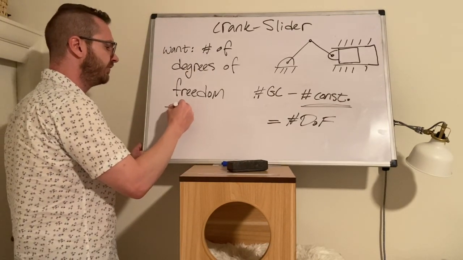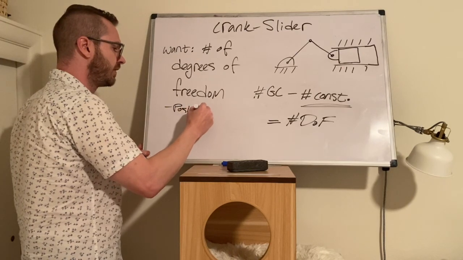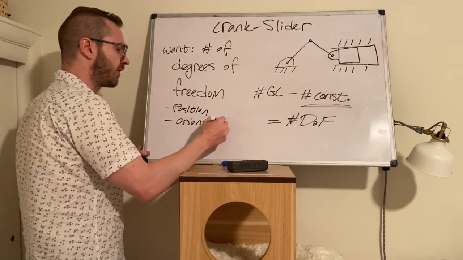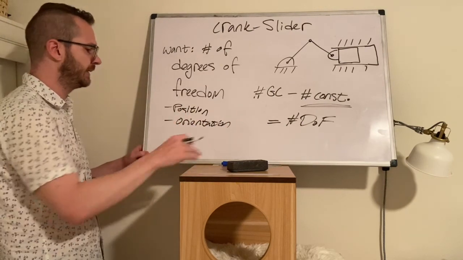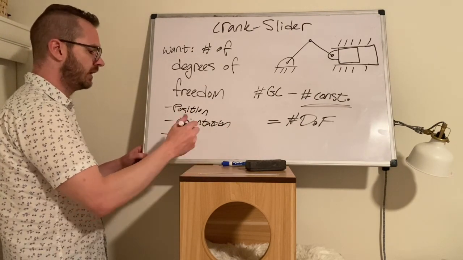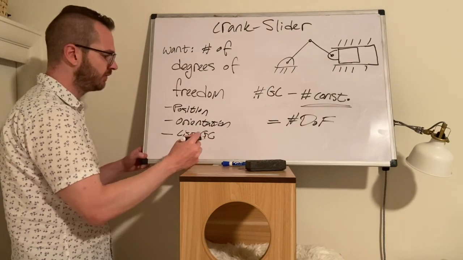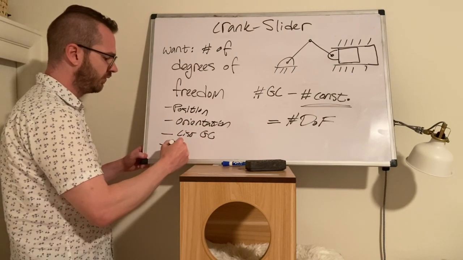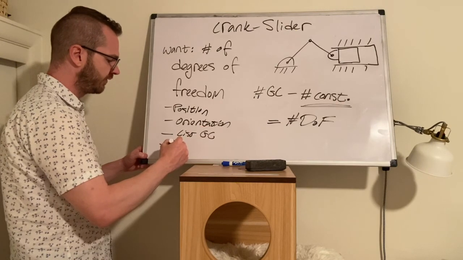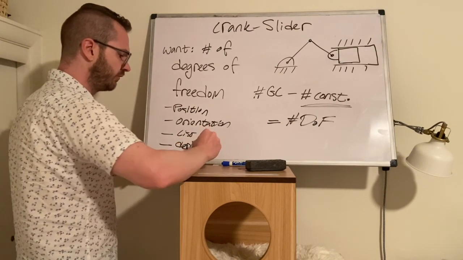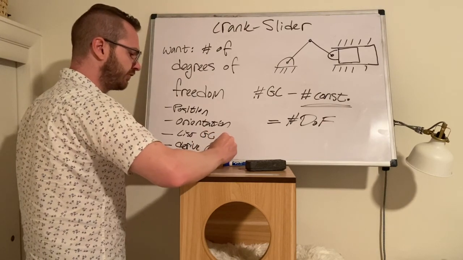You have to do position and you have to do orientation, because no matter what the problem is, that's where you begin. We're going to list the generalized coordinates, and then we're going to derive the constraints.